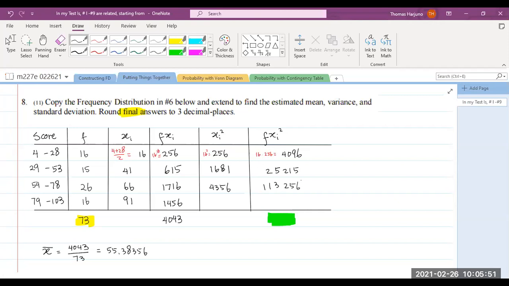And then 91 squared is 8,281, multiplied by 16 gives me 132,496. Then I will add all these numbers. I hope I don't type anything wrong anymore.